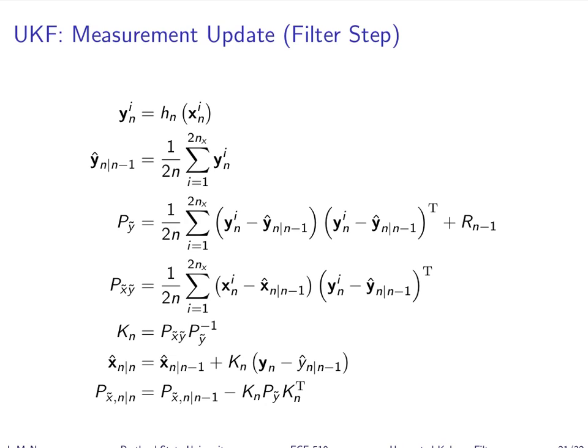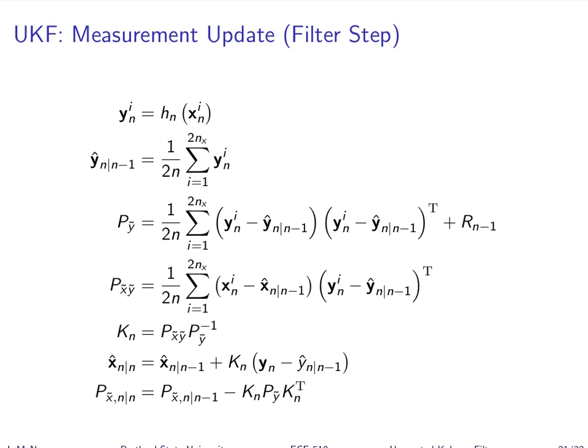And then our predicted value of the measurement is just the sample average of those points. So we take our sigma points, run them through this nonlinearity, calculate the sample average, and that gives us our predicted estimate of the measurements.